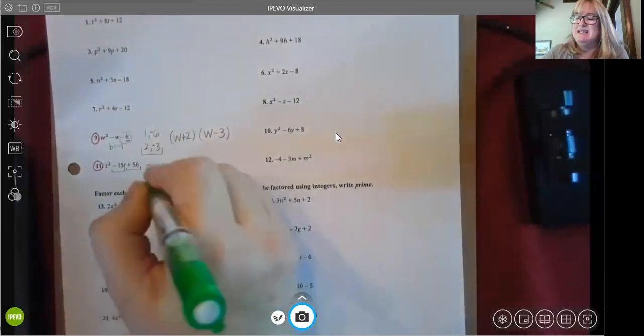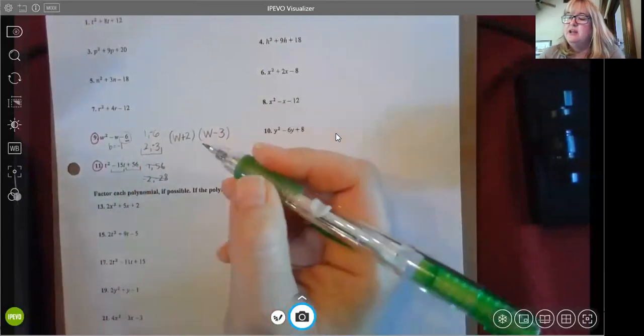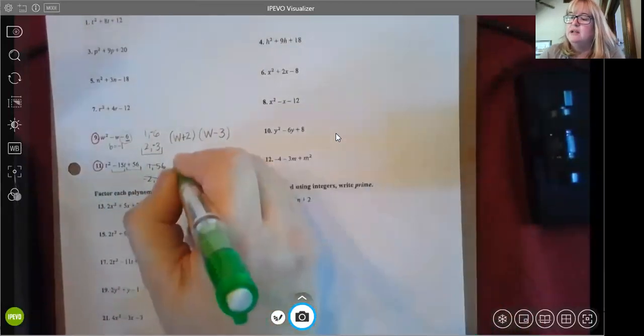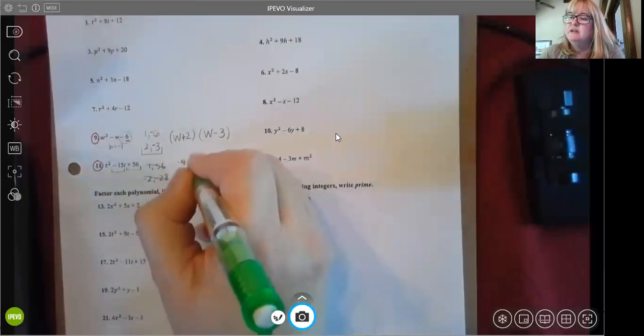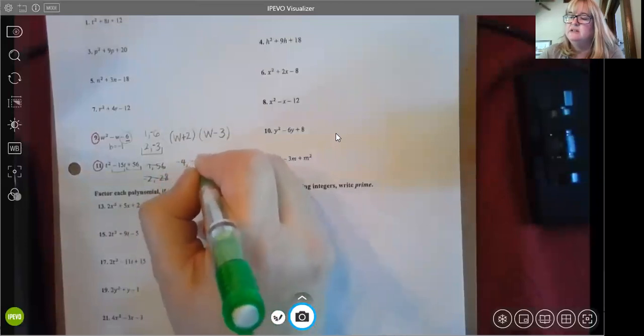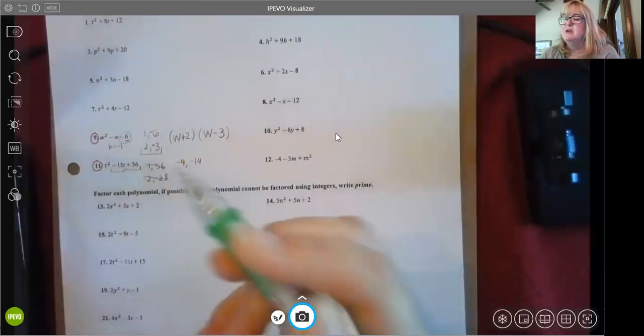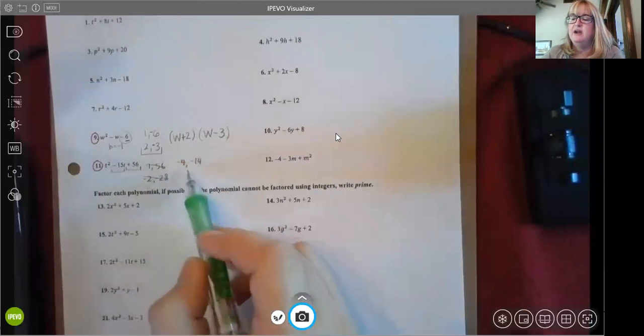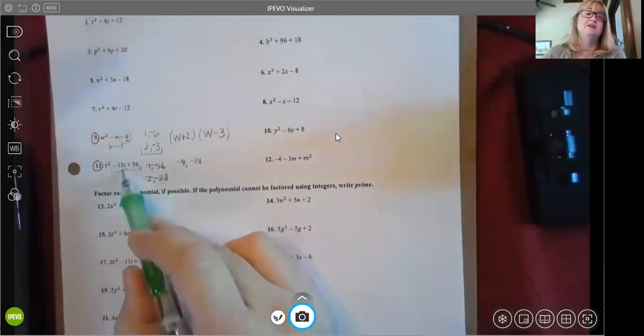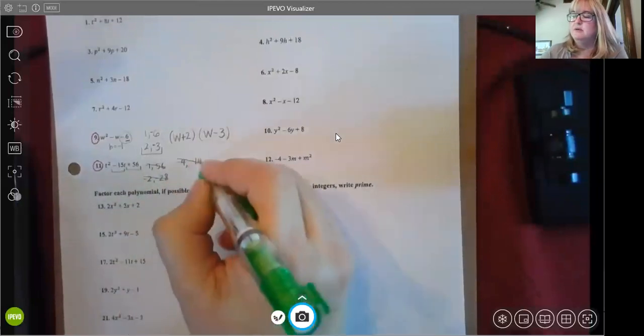That is not it. 4 goes in, I think it's 14. -4, -14. When I put them together, I get -18. I'm closer, but nope, that's not going to work.